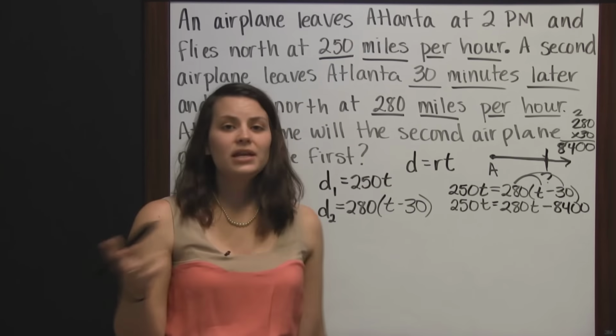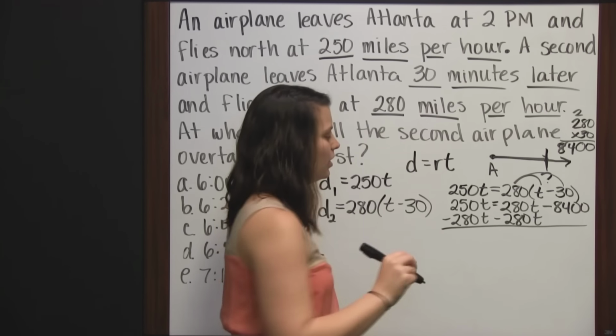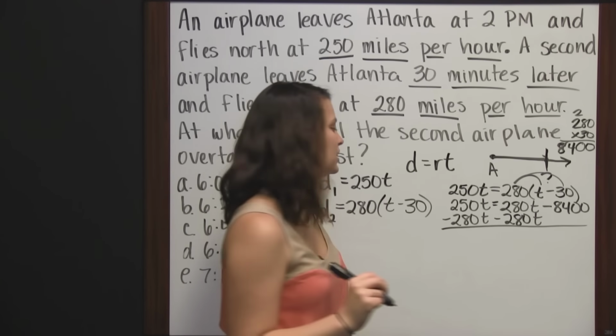Now we need to get all of our variables on the same side of the equation. We don't want to have t on the left side and t on the right side. So I'm going to subtract 280t from both sides. 250t minus 280t.